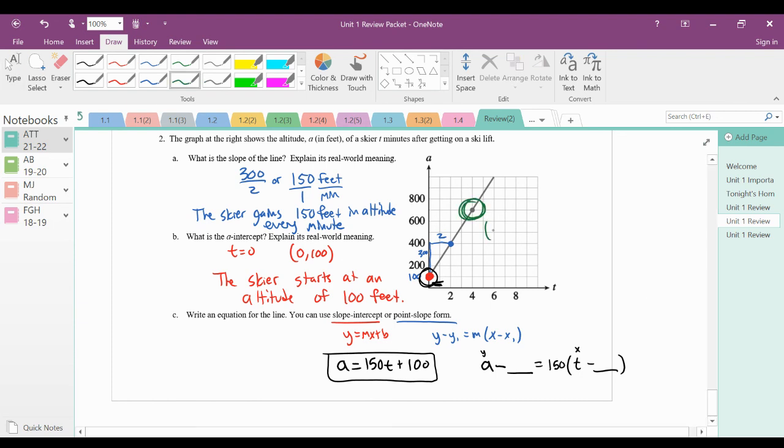How about this one here at 4, 700? This is not the only right answer, but how about a minus 700 equals 150 times t minus 4? Another example could be a minus 400 equals 150 times t minus 2, had we chosen that point at 2, 400. So again, lots of answers.